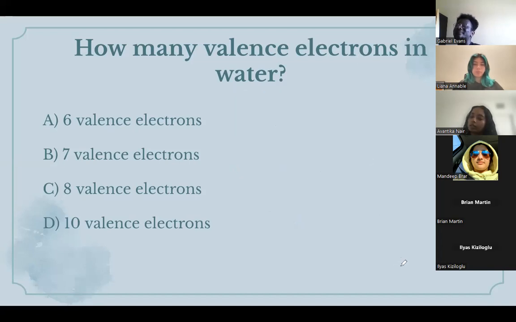How does O have 6? That's a good question. Can anybody tell me how they figured out that oxygen has 6 valence electrons? Yeah. If you remember from early on in the semester in the periodic table, certain groups have certain numbers of electrons, so just make sure you know that.